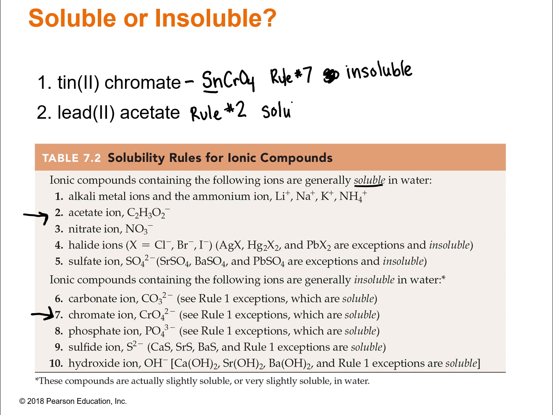So we would expect for this compound to be soluble in water. So with practice, you'll be able to use the table, but it's the same idea. You find the rule that talks about the ion that you have, and then you figure out if it's soluble or insoluble. The table will tell you. You just got to know how to ask it.